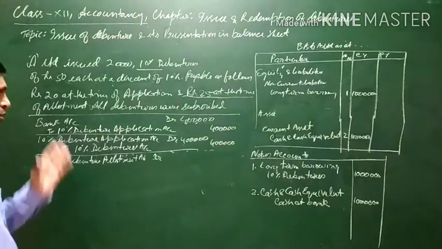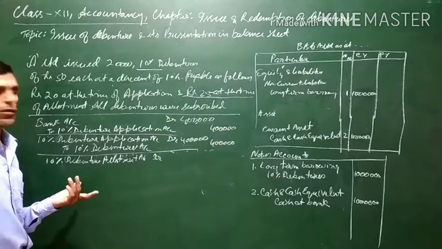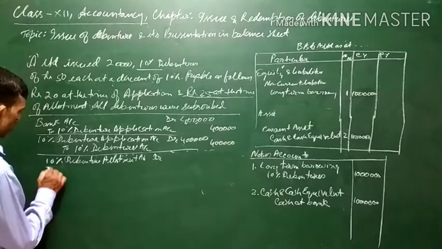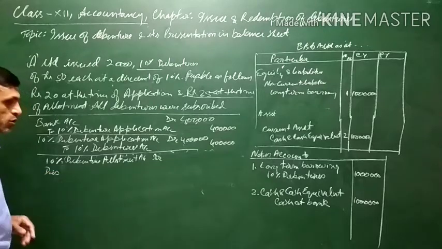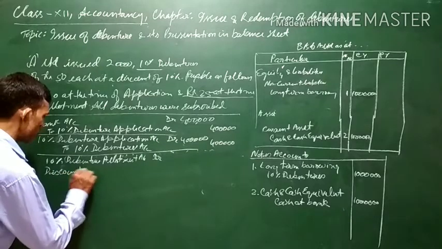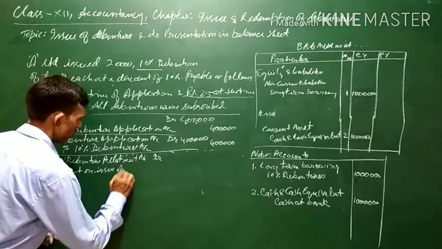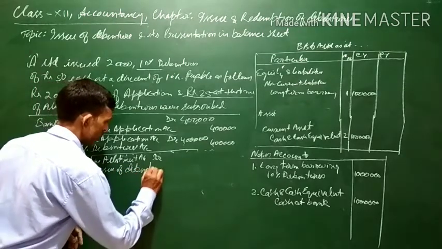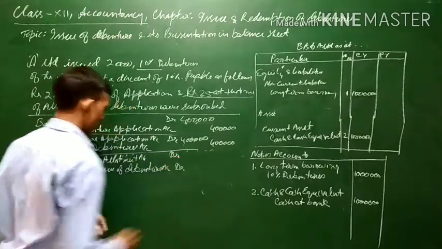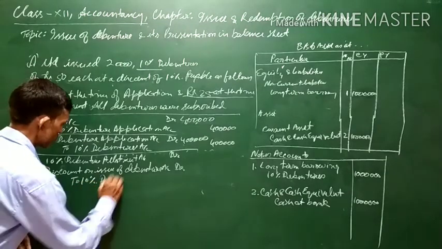Moreover, the discount is a loss for the company, and as we know, the rule for losses and expenses is: debit all expenses and losses. Now, discount on issue of debenture will be debited because it is a loss for the company. Discount on issue of debenture account debit. Now, to 10% debenture account.